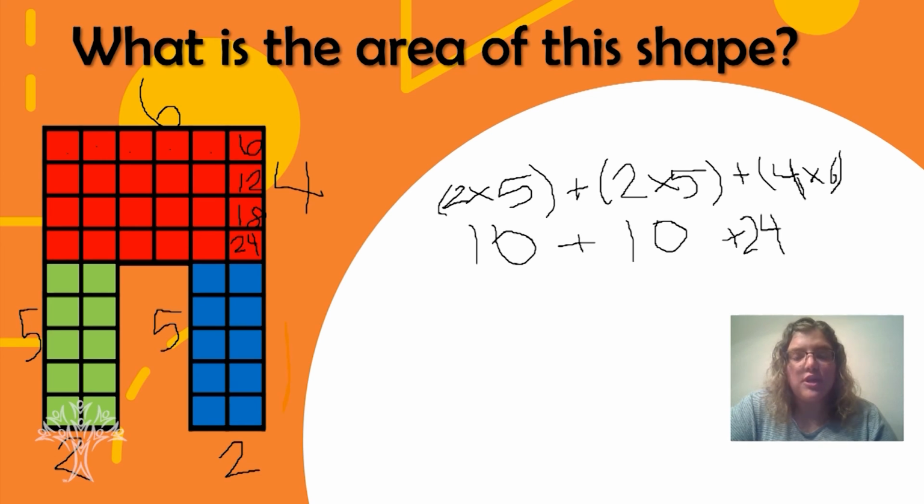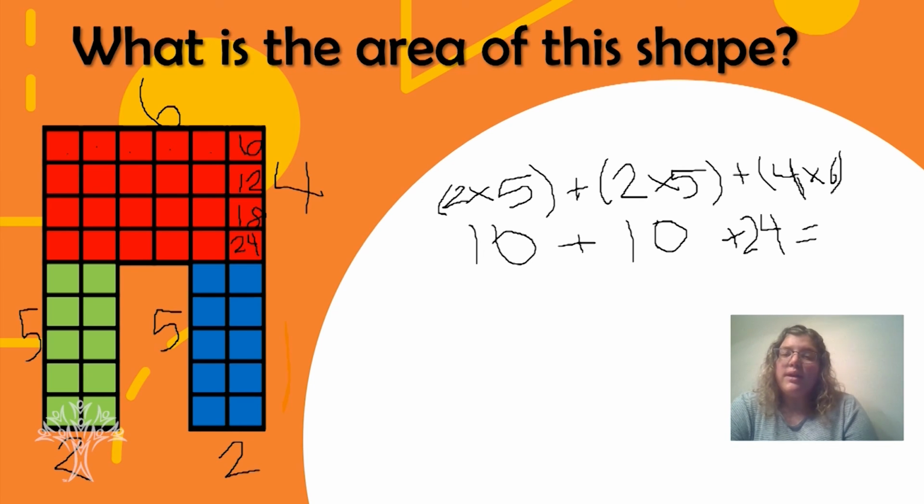Now if I start in my 1s, I have 0 plus 4. Then if I look at my 10s, I have 20 plus 10 plus 10. So I have 40. So I have 40 10s and 4 1s. So I have 44 altogether.